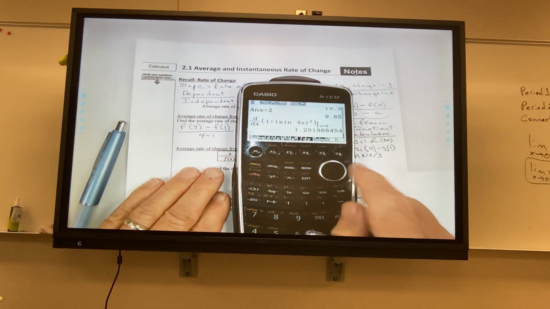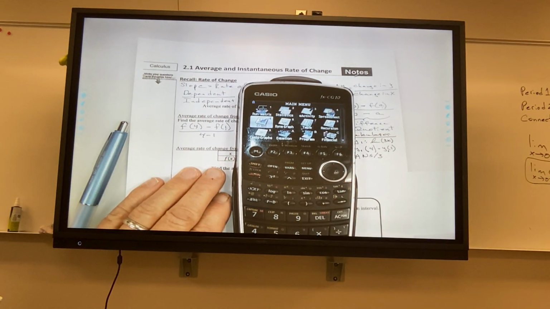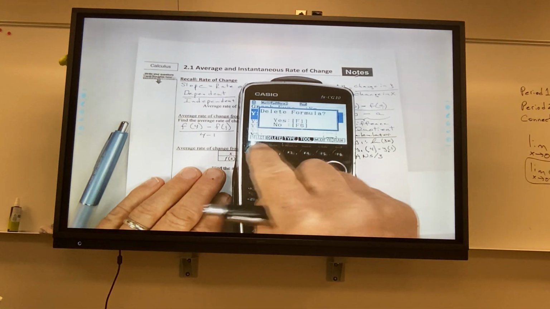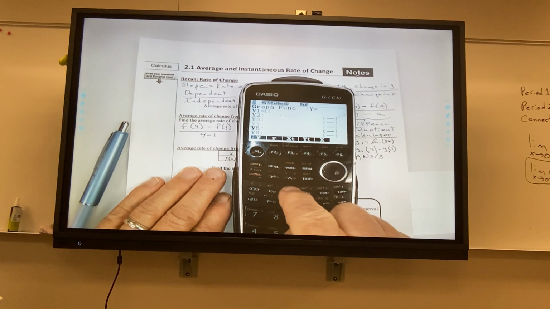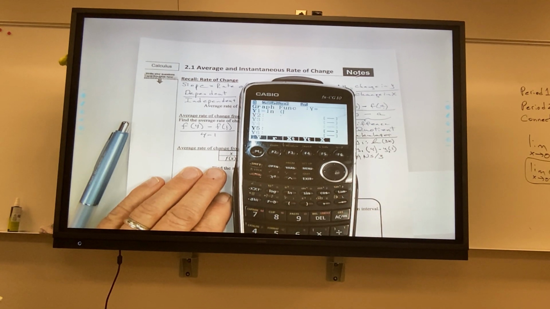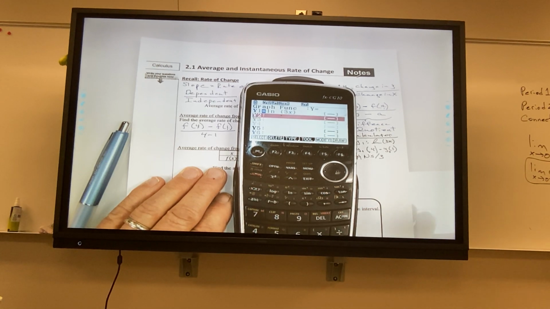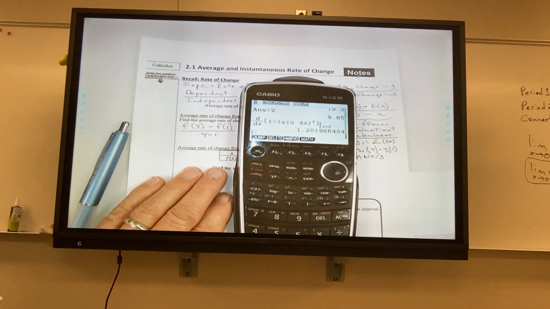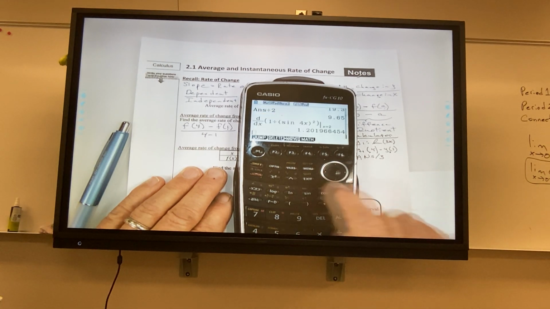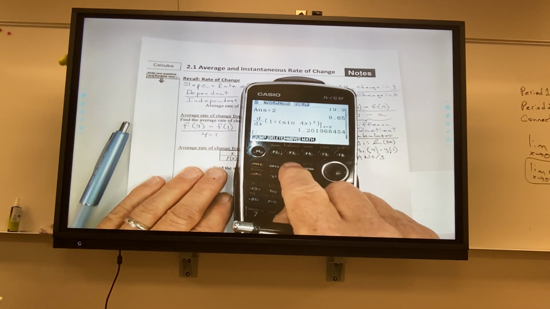If I go to my menu, and I go to my graph, I'm going to take the natural log, parentheses, 3x. So that's always into y1 now. And TI people, you have a button that says vars also.